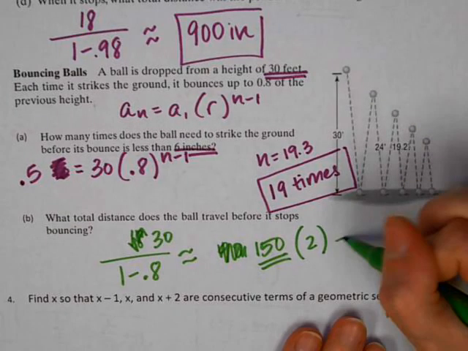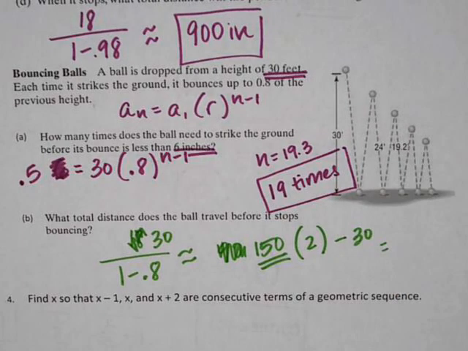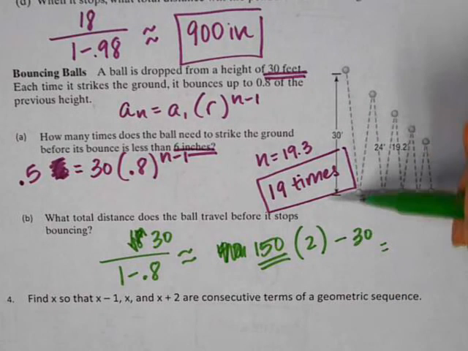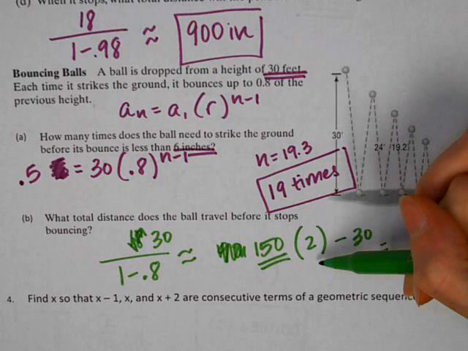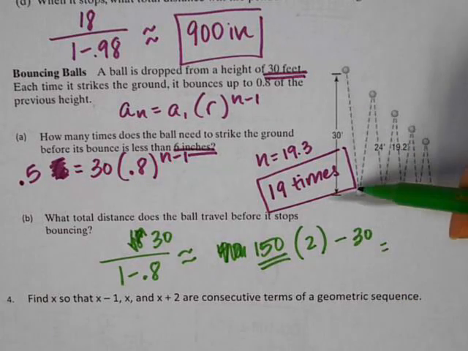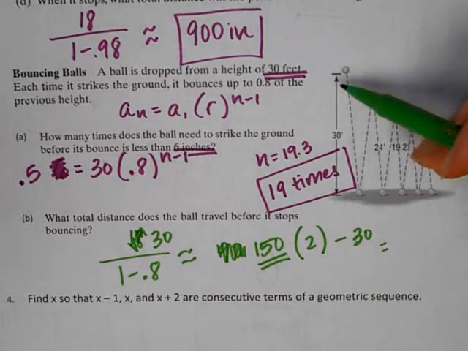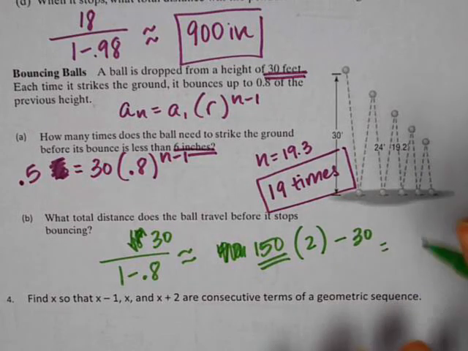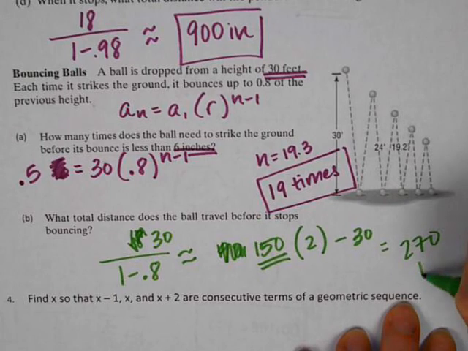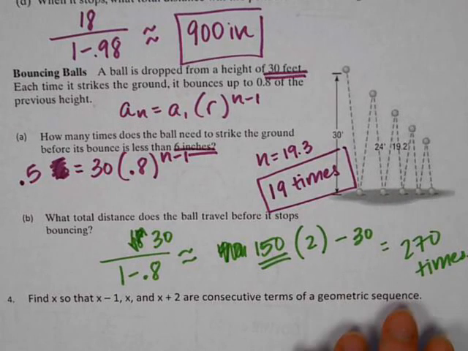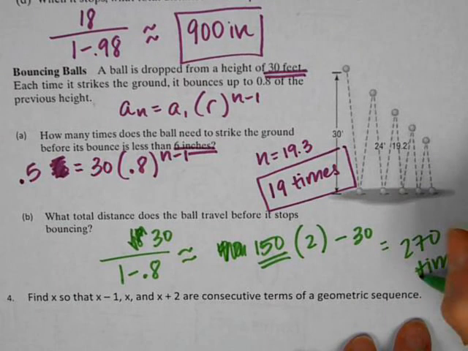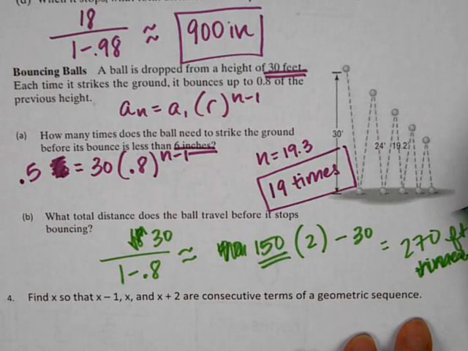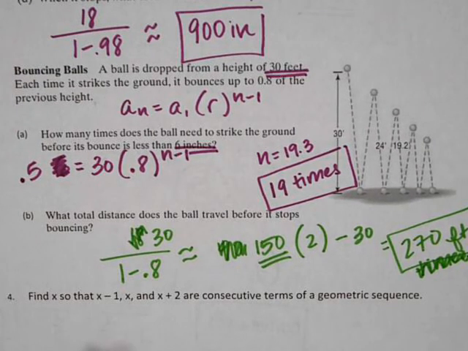So we have to subtract that out. The initial drop never bounces back up to 30, so we subtract out that partner. And this gives you a final answer of 270 feet.